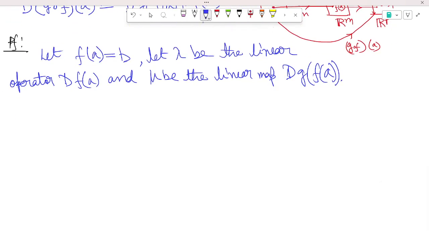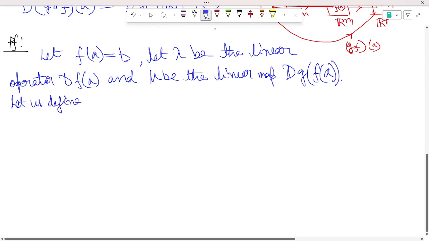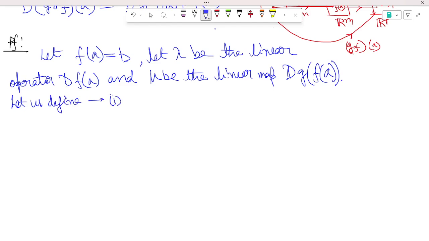So let us define some notations here, for the simplicity of the proof. First is phi(x). What is phi(x)? Phi(x) is f(x) minus f(a) minus lambda(x minus a).